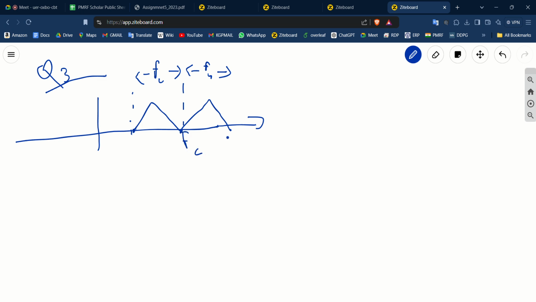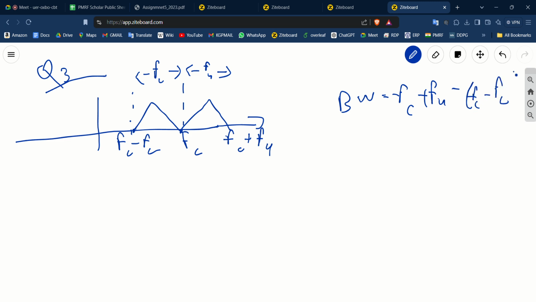So FC plus FU and FC minus FL. So here the bandwidth is FC plus FU minus FC minus FL, so FU plus FL. This is the bandwidth that is required.